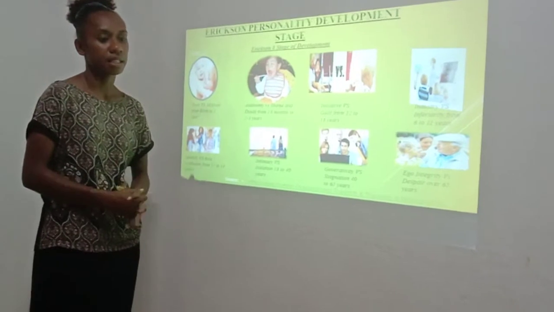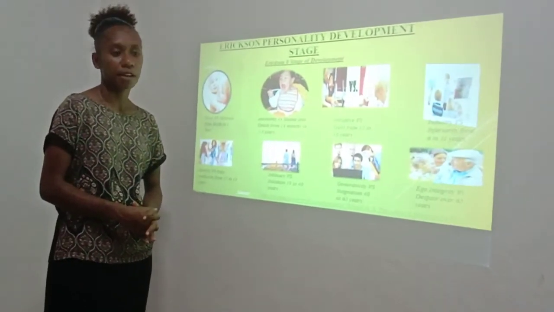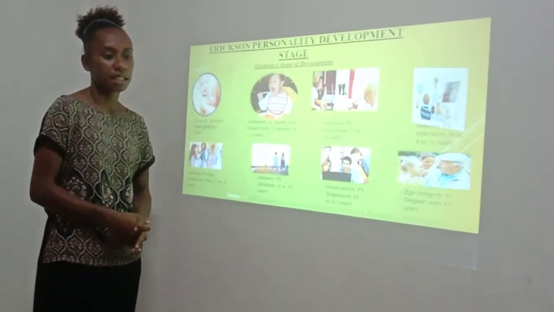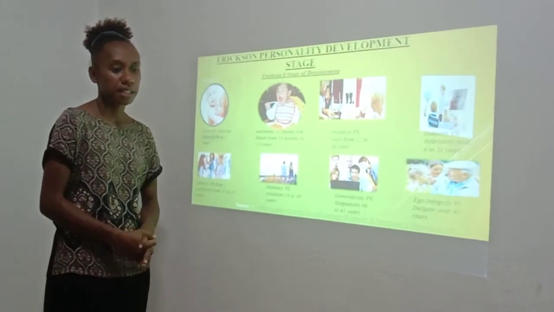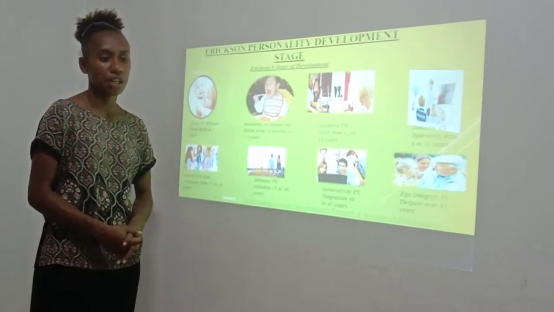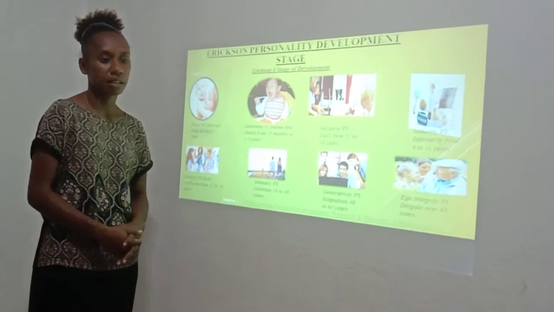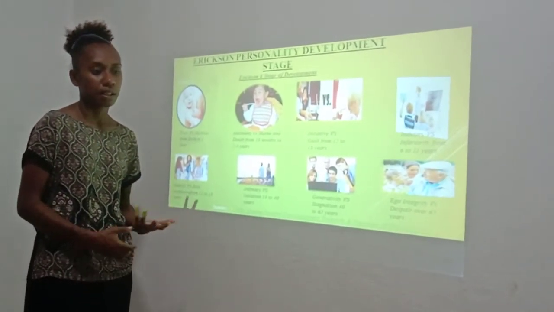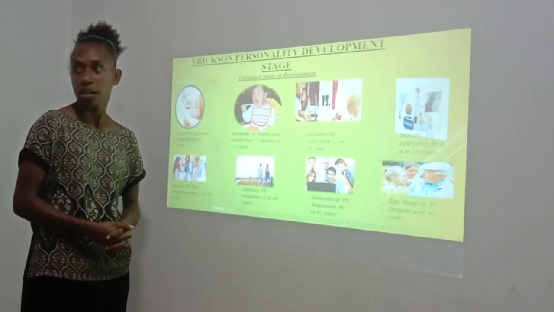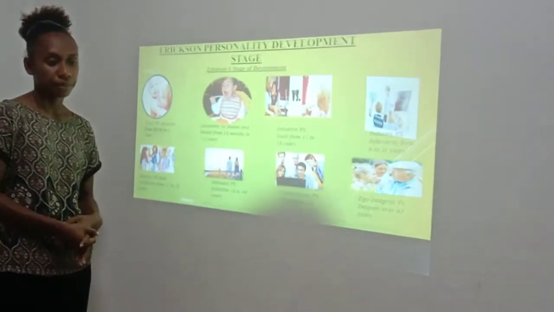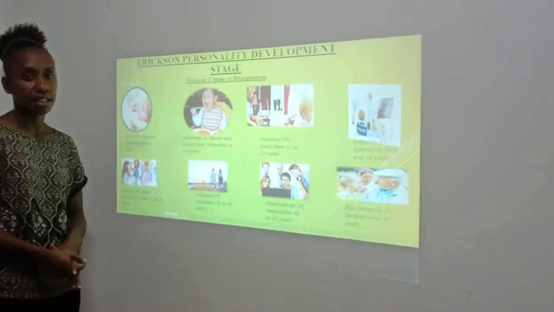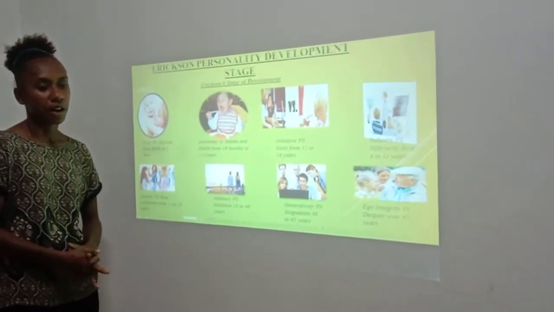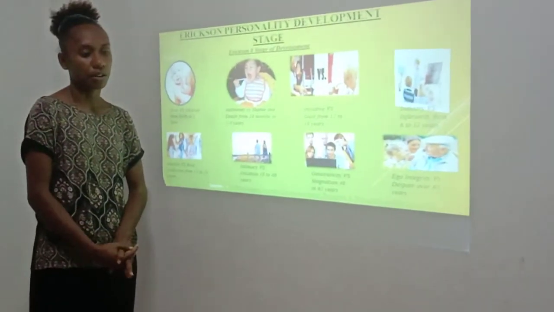This stage starts at the age of 65 and continues until death. Thus, it is said that individuals in this stage can look back on life and lament not accomplishing their goals, and will experience despair and hopelessness.